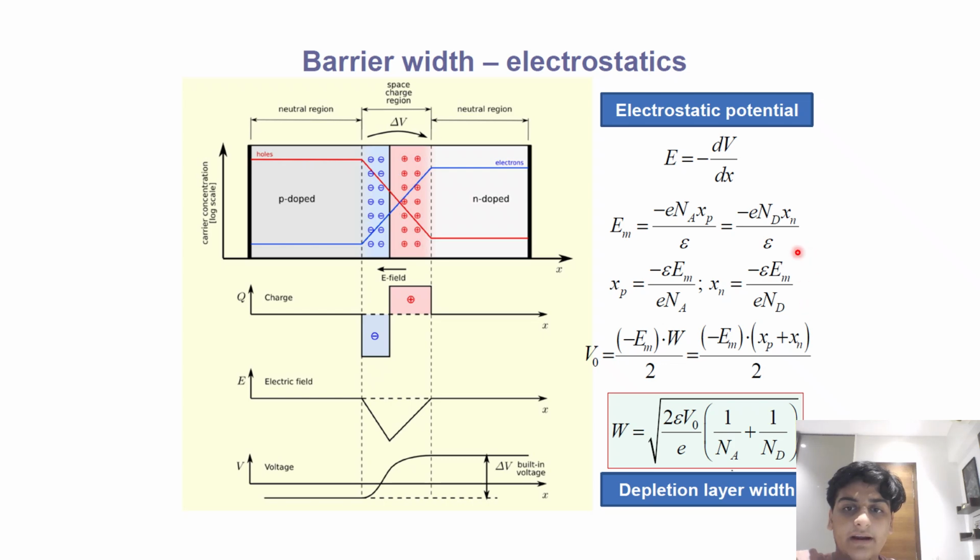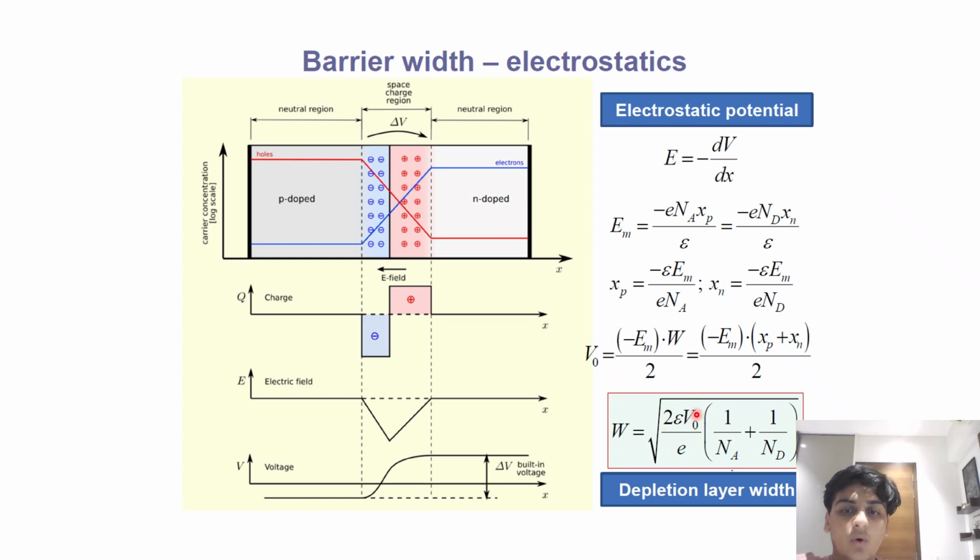So we get our built-in voltage by that method like this, and we are able to write our depletion layer width in terms of this built-in voltage by using the relationship between xp and xn. You can do this algebra by yourself and get this expression for depletion layer width.